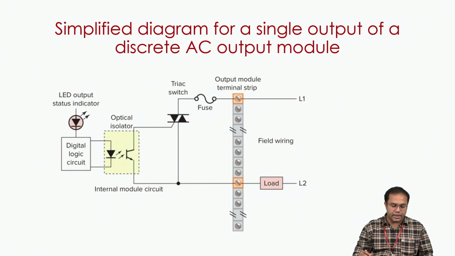In connection to the previous diagram, the digital logic from the CPU goes through the optical isolation and through the triac switch, and the signal goes to the output side, across the output module. Here we can connect the load and operate it as per the requirement.